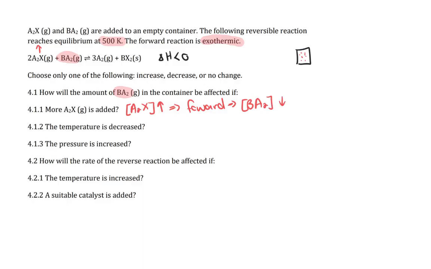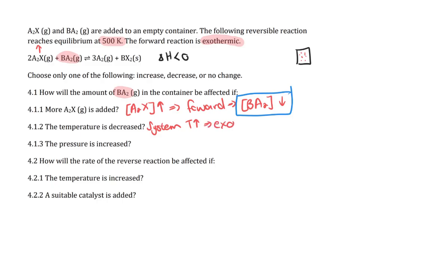Now the temperature decreases. So remember, if my temperature decreases, my system, you don't have to write all this. You only have to say what happens, whether the concentration increases, decreases, or no change. If my temperature decreases, my system wants the temperature to increase. And the only reaction that causes an increase in temperature is the exothermic reaction.